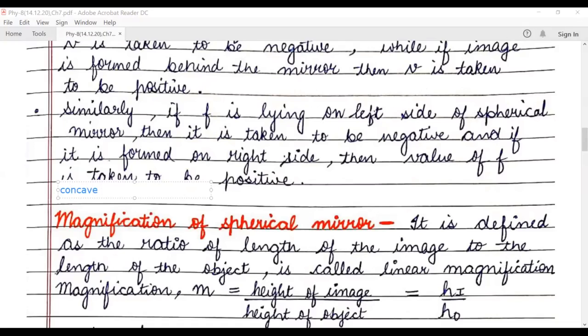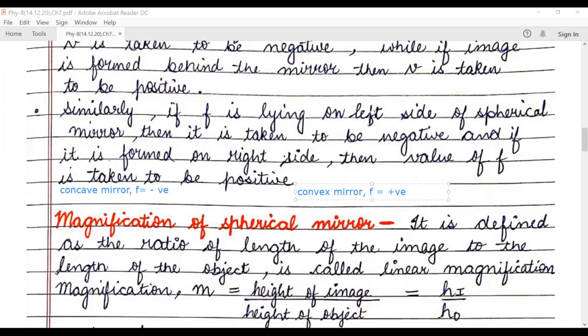Students, just see the ray diagrams given to you last week. You will see that in case of a concave mirror, the focal length is situated on the left side. Thus, we will take focal length to be negative for a concave mirror, while in case of a convex mirror, focal length is drawn on the right side, so it will be taken as positive.